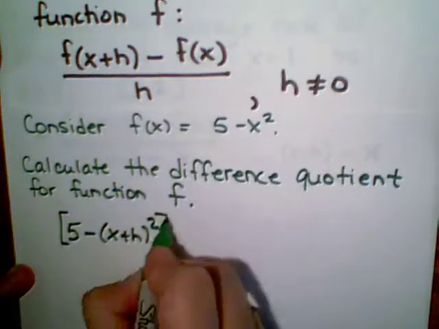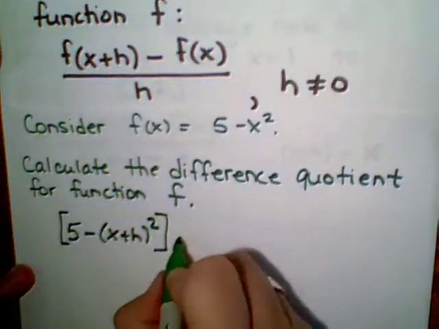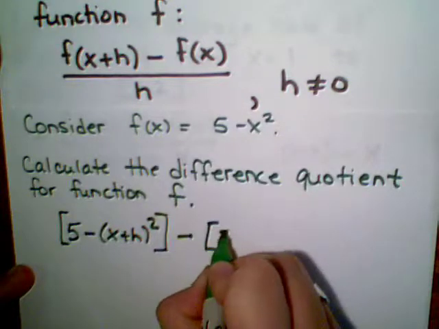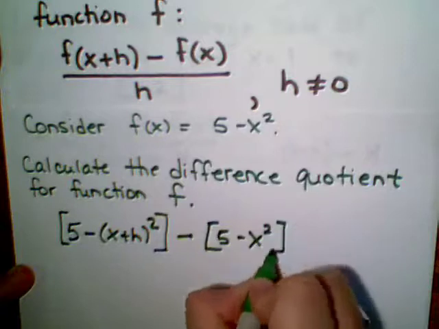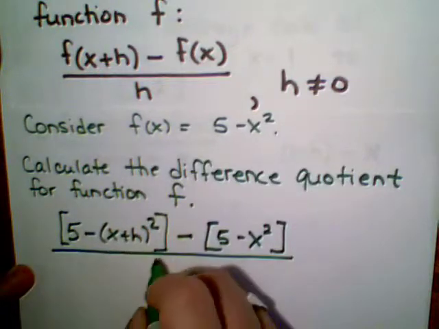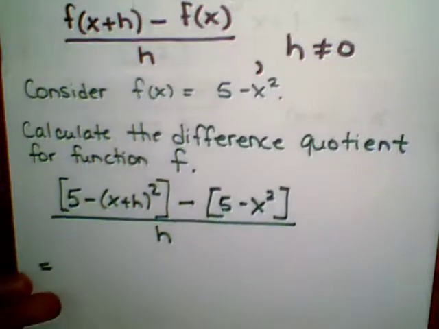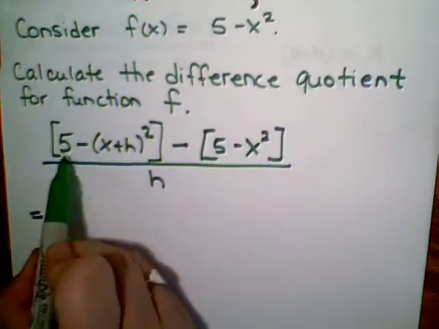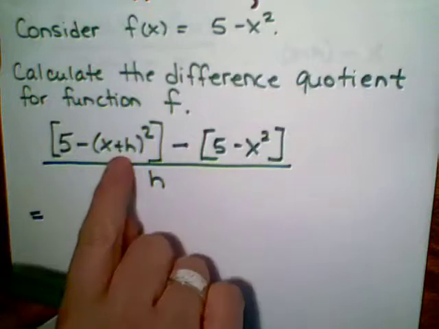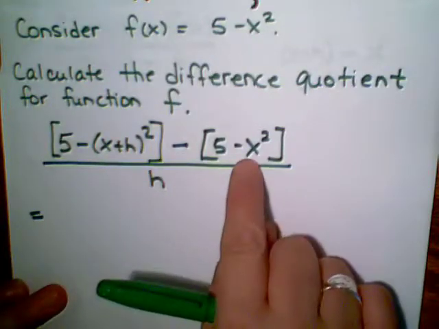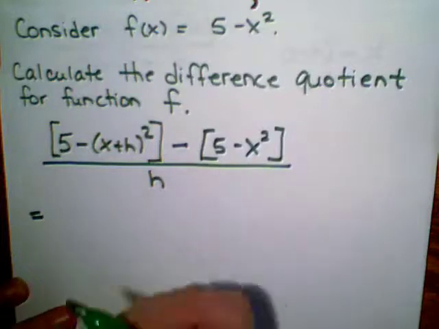And I might put grouping symbols around that. We need to take away f of x, which is just the function 5 minus x squared. And we place that all over h and hopefully simplify. Okay. So I have the function evaluated at the sum minus the function just evaluated at x all over h.